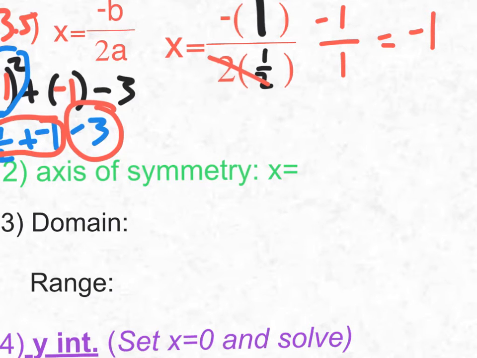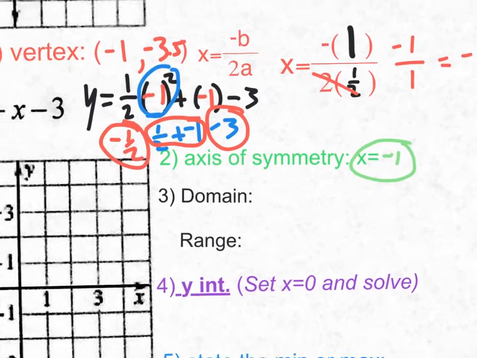This is very important that you put that X equals and the X value of your vertex. You have to write X equals -1. If on the answer spot you just write -1, you're just giving me a number. You're not giving me a vertical line. In order for you to talk about a vertical line, it has to be the equation X equals -1. That'll give you a vertical line running up and down right through the x-axis value of -1.